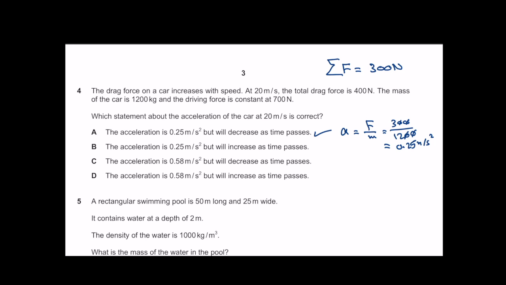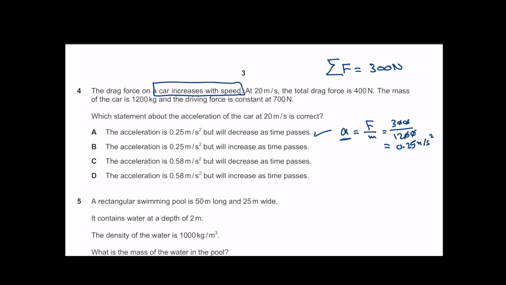So I agree with that: the acceleration is 0.25 meters per second squared, but will decrease as time passes. And usually it decreases because the speed is increasing here. So actually here, we have an acceleration, that means the speed of the car increases, and they told you the drag force of the car increases with the speed.